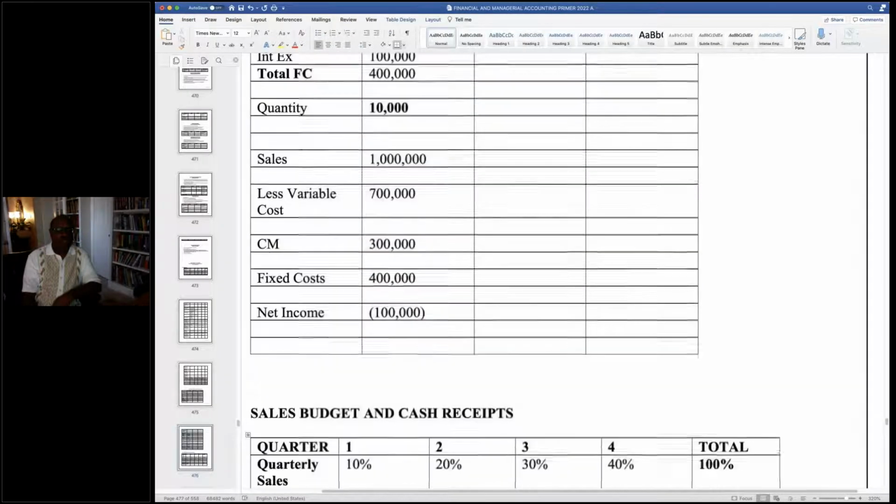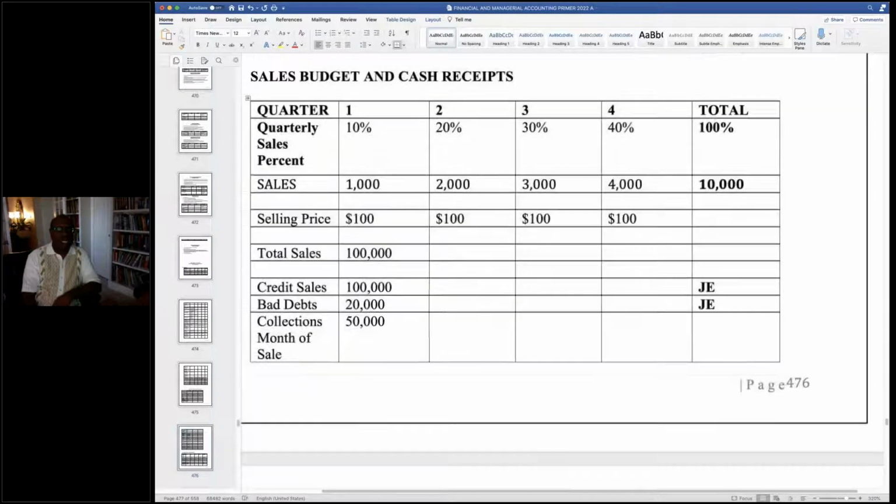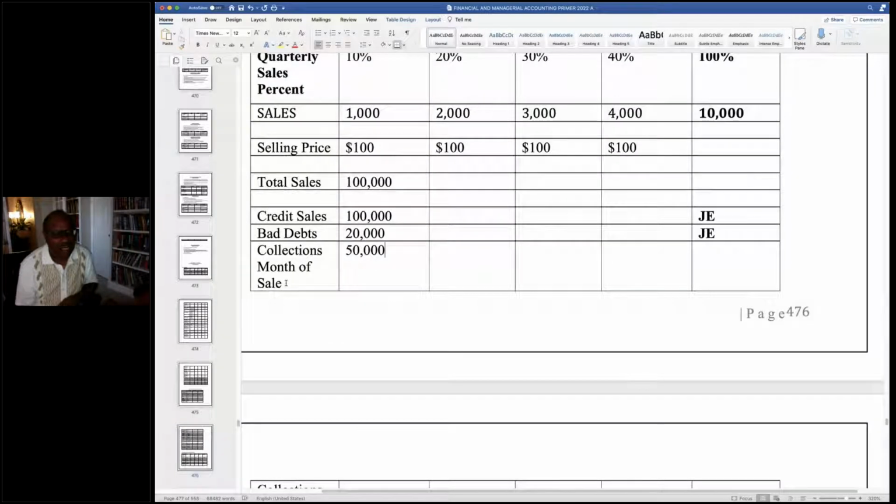So if I go in my chart, I'm going to put collections, month of sale, 50%.